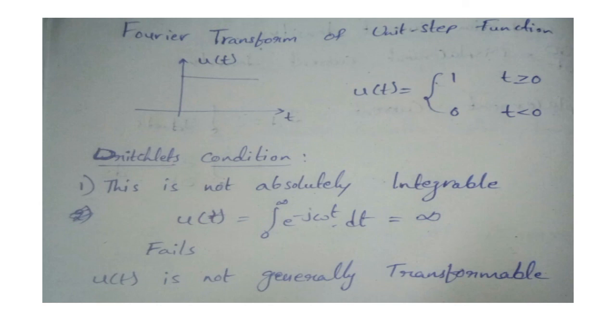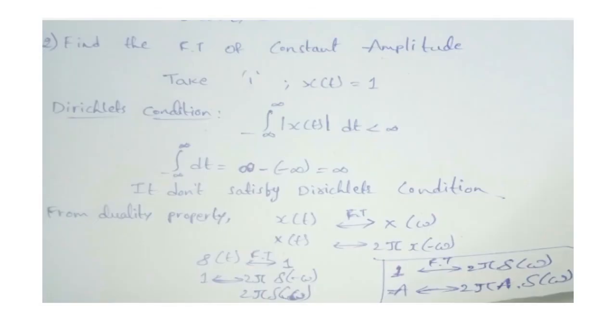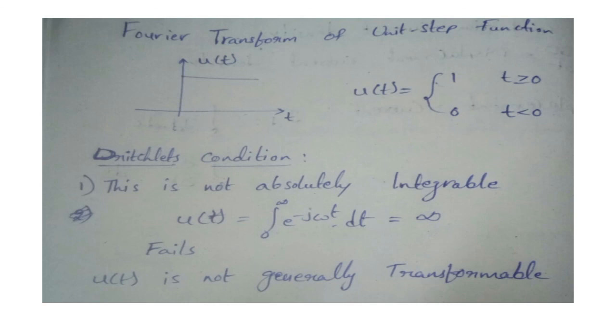Here it is not absolutely integrable, because the integral from 0 to infinity of e to the power of minus j omega t into dt is infinity, so it fails to transform. U of t is not generally transformable, but in an indirect way, like we just saw with the constant amplitude, we can do it. Thank you.